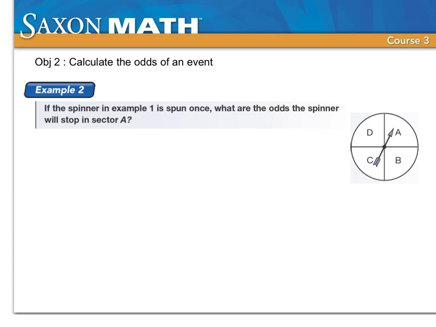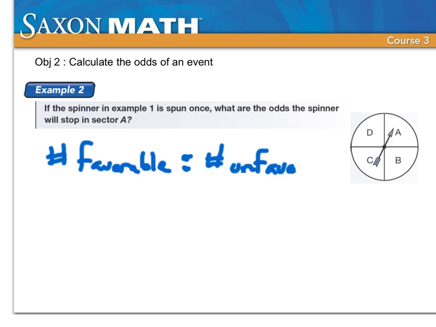Okay, and objective 2 is to calculate the odds of an event. So remember what odds were. Odds are the number of favorable outcomes compared to the number of unfavorable outcomes. So again, this is a little colon here.